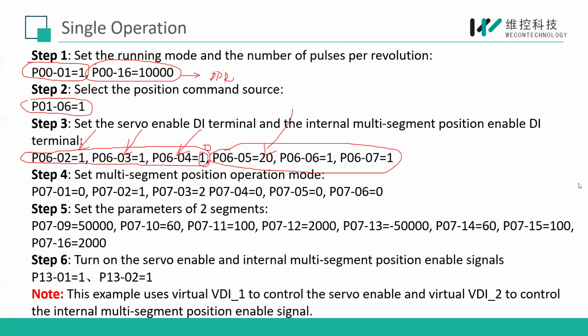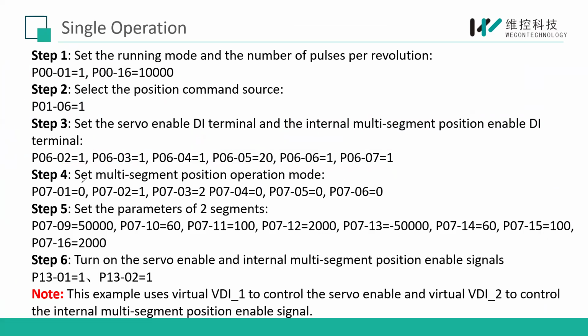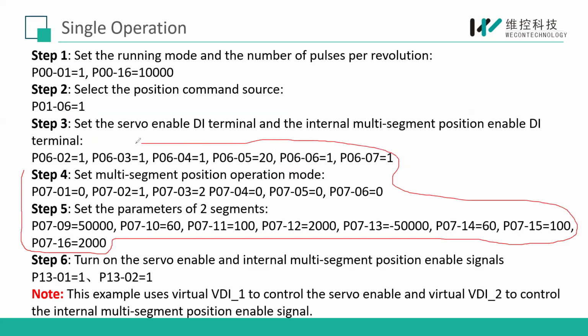And after this setting, we need to configure our movements. You can see all these parameters are used for our segment setting. And after setting the segment parameters, here step 6 is used to enable the internal position signal.